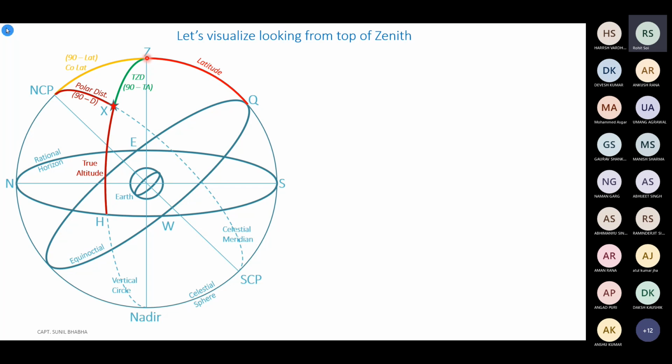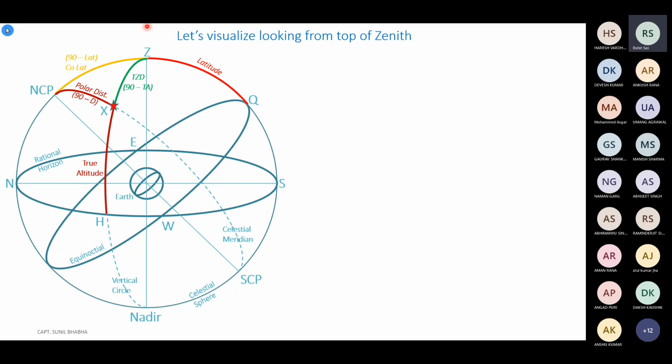Now, we don't stop at zenith. We take the rocket still further upwards. Let's assume that the rocket has reached up to here. Once we have reached here, we look down below towards the celestial sphere. So we are outside the celestial sphere now, on top of the zenith.